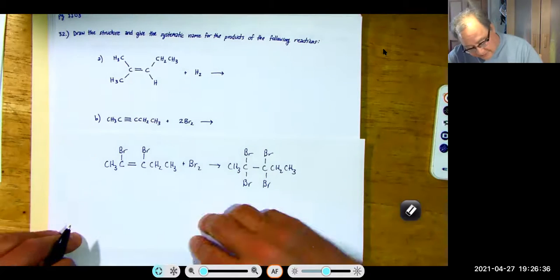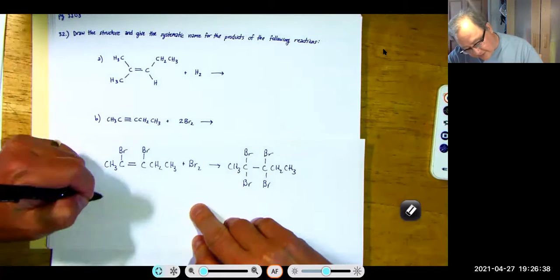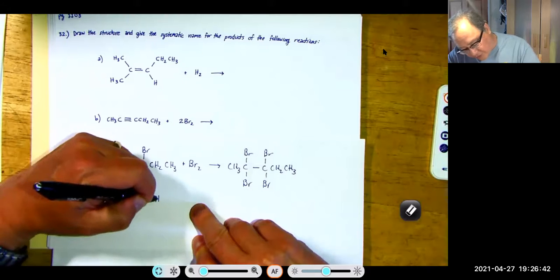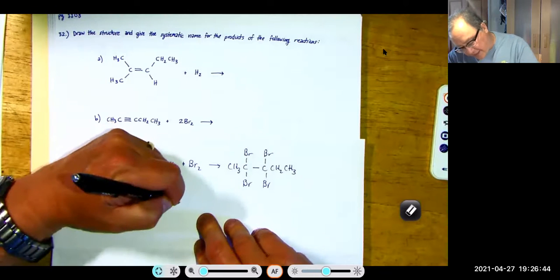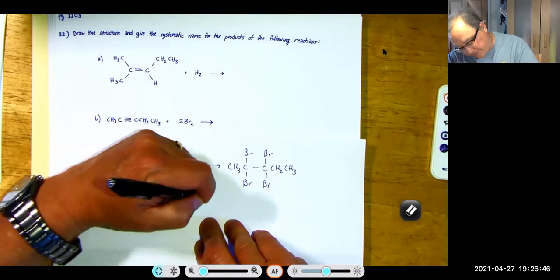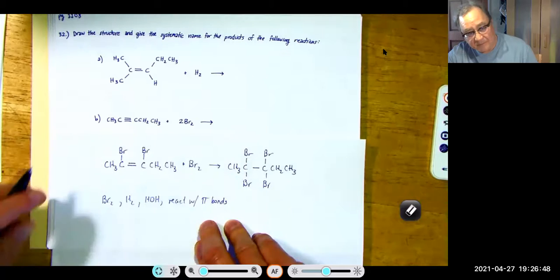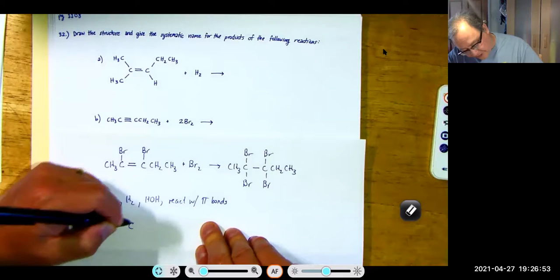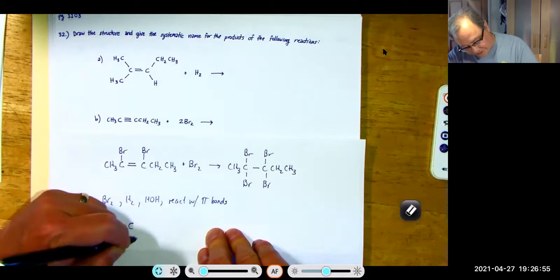It turns out that the Br2, the H2, the HOH, all of these things react with pi bonds. So when we have this, how many pi bonds? 0 pi bonds.